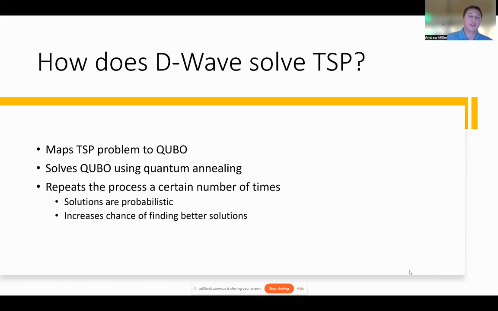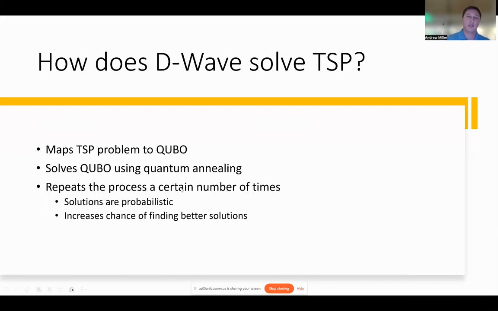All right, so how does DWave solve it? What I showed is great, but how do you take the traveling salesman problem and use those techniques I described and somehow arrive at a Hamiltonian that gives you the optimal or suboptimal solution?